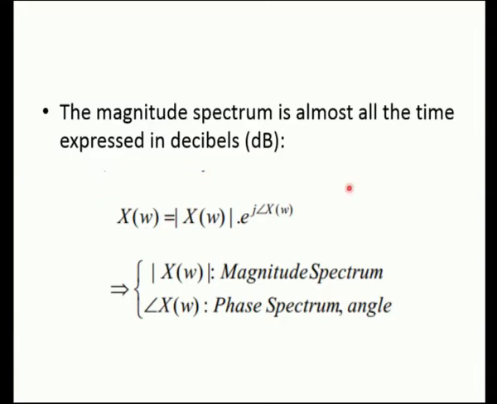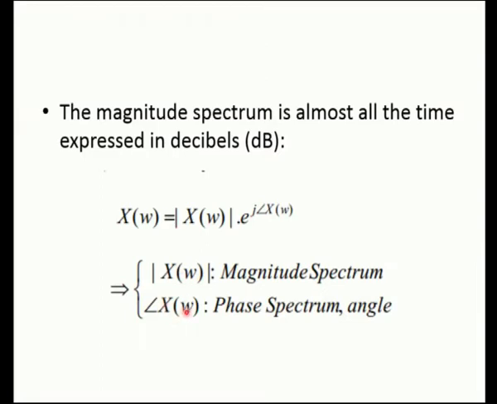After calculating X of omega with the help of the DTFT formula, we take the modulus of that value and the exponential of the angle of that value. The modulus value is called the magnitude spectrum, and the angle of X of omega is called the phase spectrum. The absolute value is calculated as the square root of the sum of squares of the real and imaginary values.